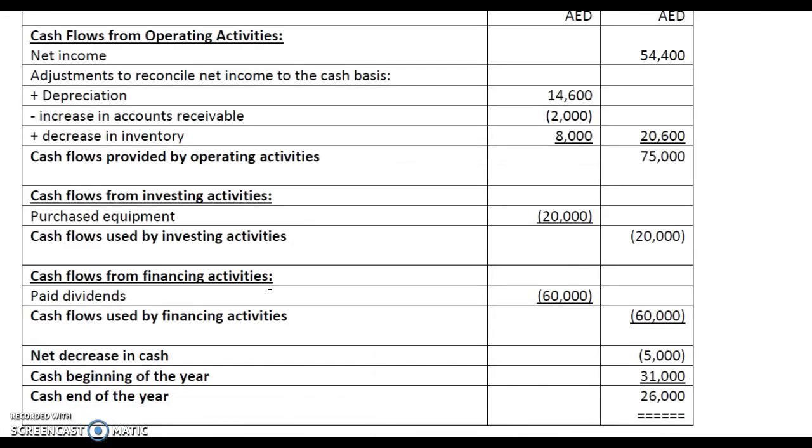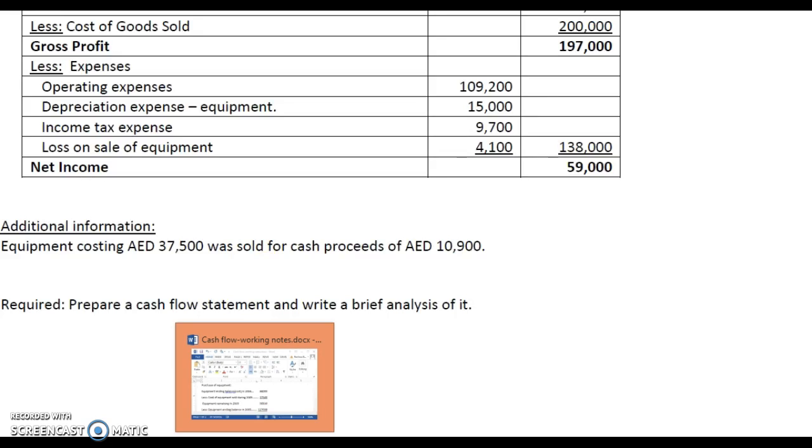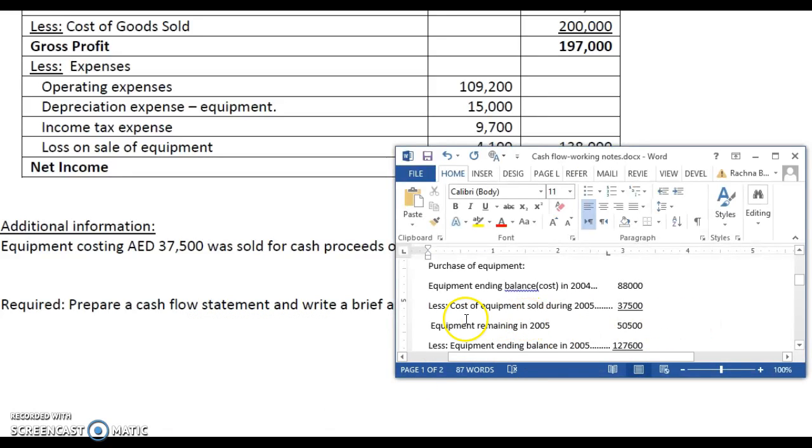If you look here, they have already given you the cost of the equipment. Equipment costing 37,500 was sold. So the cost is given to you. You do not have to calculate the cost, unlike question 1. So what we do is we deduct the equipment sold from the equipment balance in 2004. We get the remaining equipment in 2005, which is 50,500.